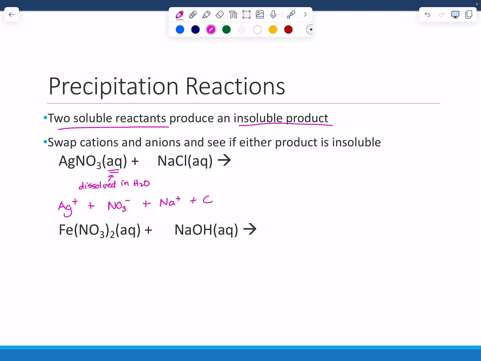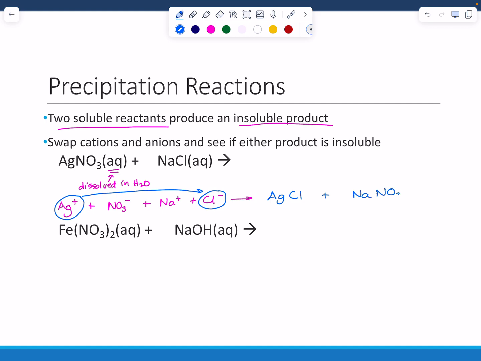When you mix these things together, if you see a precipitate, what you're observing is a reaction between the cation from one and the anion from another. So we have silver chloride and sodium nitrate.